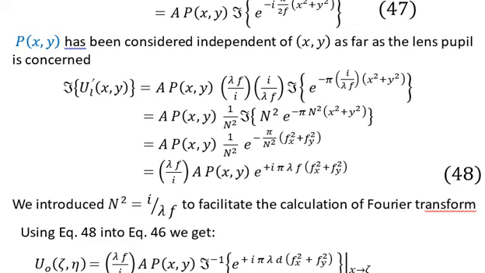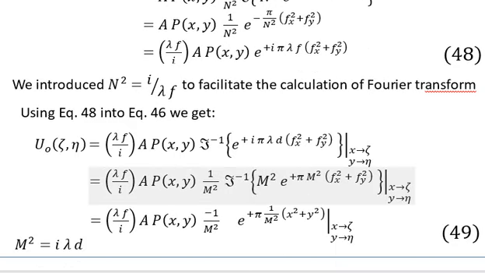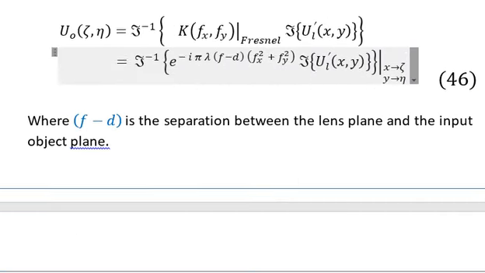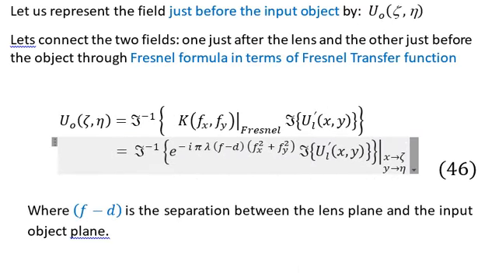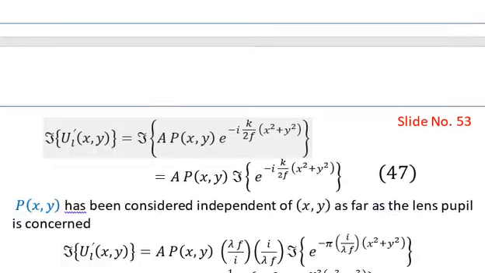Now we are going to substitute equation 48 into equation number 46, so that we can calculate the field on the left, which is u naught of zeta and eta, the field just before the input object.